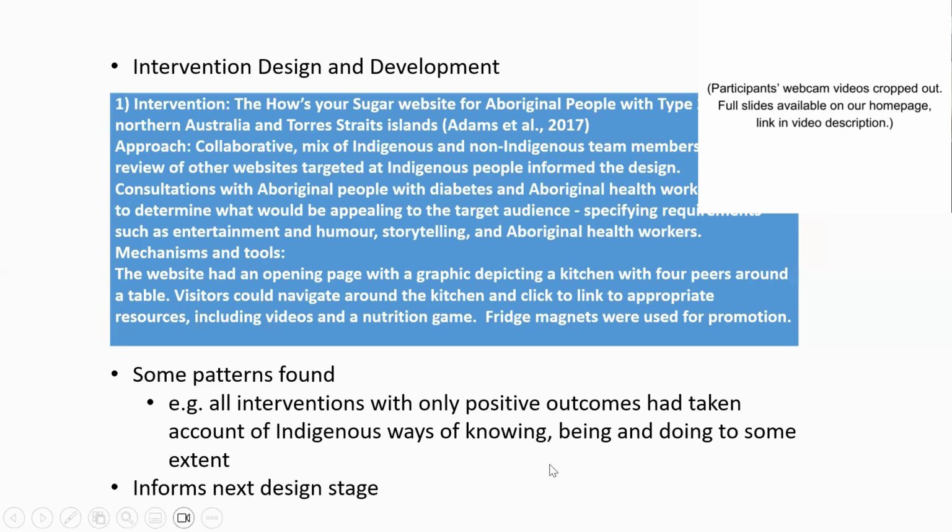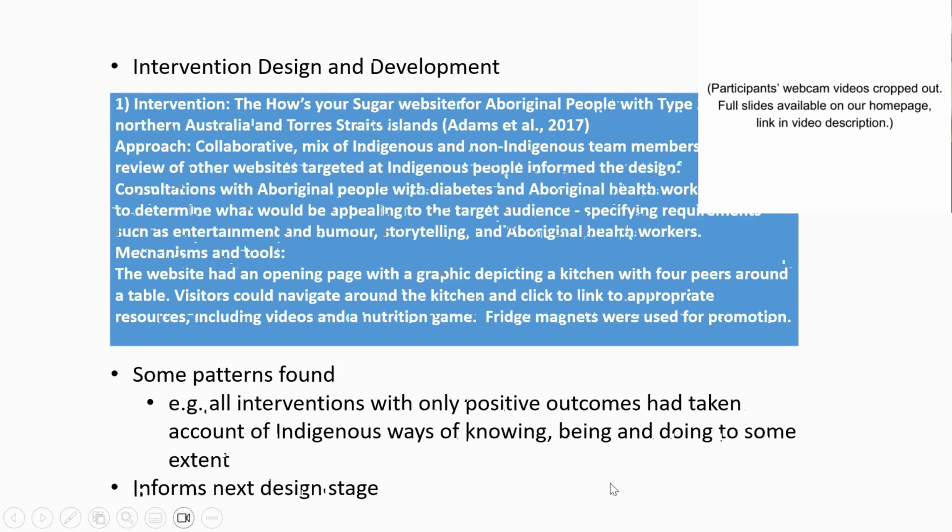So, for example, with that area, we found that all the interventions which only had positive outcomes had taken account of Indigenous ways of knowing, being and doing to some extent. And in fact, I think we found in nearly all of them that actually had Indigenous people on the team. It seems common sense, but again, some people don't do that. They'll go and do work and not include the Indigenous people in the design of whatever it is they're doing.